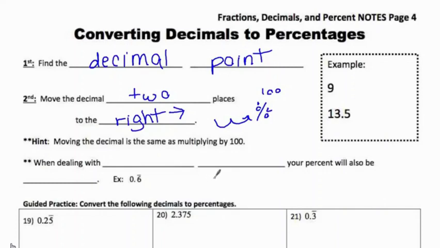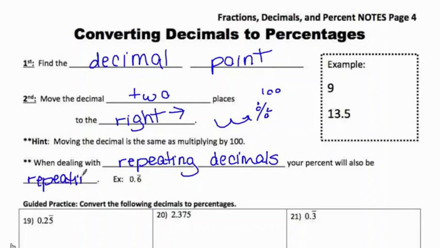And the other thing is when dealing with repeating decimals, your percent will also be repeating. Let's do an example of that, but let's hit the basic examples up here first. For our first example, you have to find the decimal point.